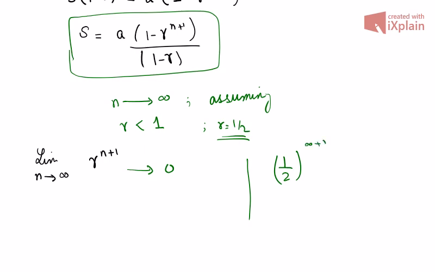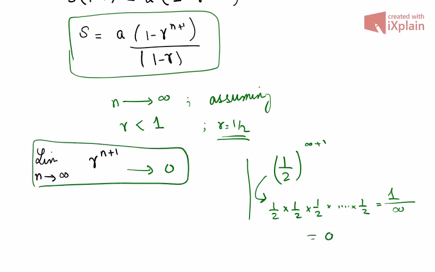So you see, 1 over 2 multiplied by 1 over 2 multiplied by 1 over 2, infinitely many times. In the denominator you have a very big number, so the result of this is 0. This actually approaches 0.